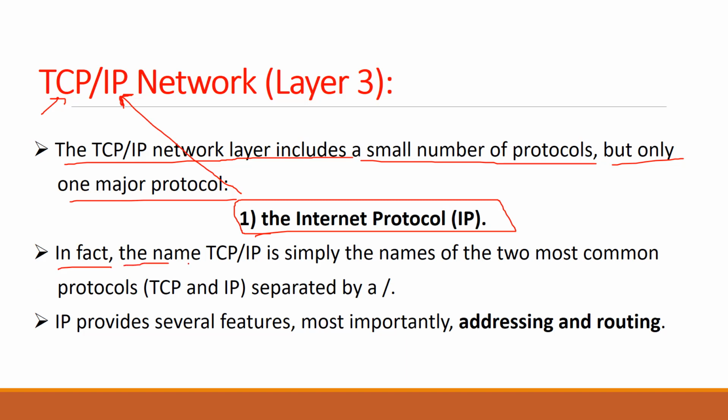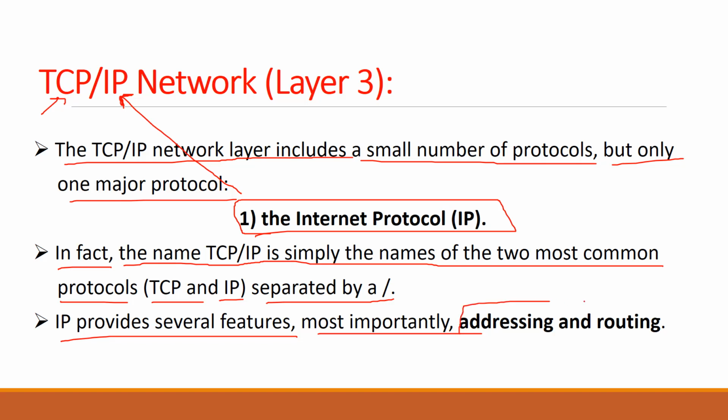In fact, the name TCP/IP is simply the names of the two most common protocols, TCP and IP, separated by a slash. IP provides several features, most importantly addressing and routing. We will learn exactly what addressing and routing mean because it is a very important topic with a lot to discuss, and other chapters will focus only on addressing and routing of the network layer in the TCP/IP networking model.